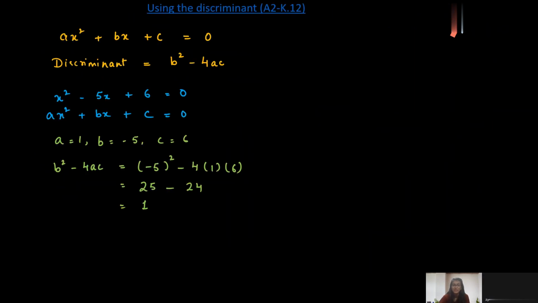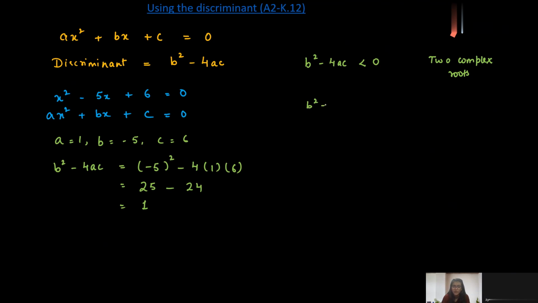Discriminant value actually tells us the nature of the solution. Okay, so I'm going to write here. If this discriminant value is less than 0, then we get 2 complex roots. Complex or imaginary roots, okay?